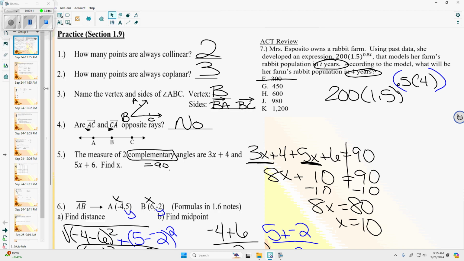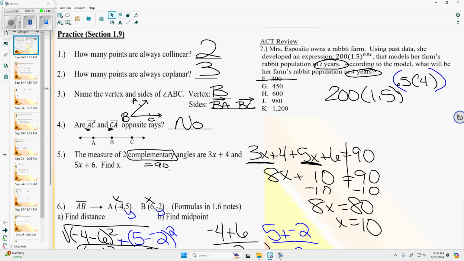So either you have to take 0.5 times your 4 first and then type that in that spot, or you have to put parentheses around the 0.5 and the 4, because otherwise it'll take 1.5 to the 0.5, take that answer times 4. Because order of operations, it's going to do the exponent first, then it's going to do multiplication and division. So if you don't tell it to do those together, it won't. So you got to check your calculator for how you got to type it in.